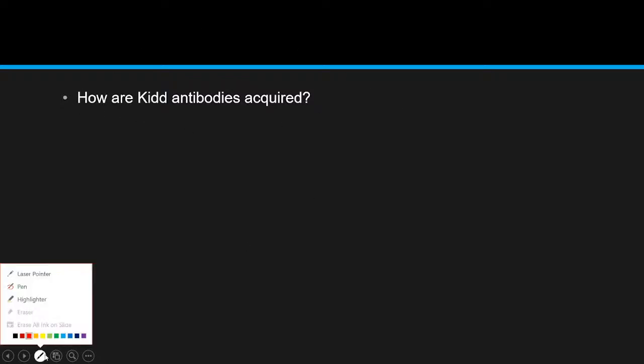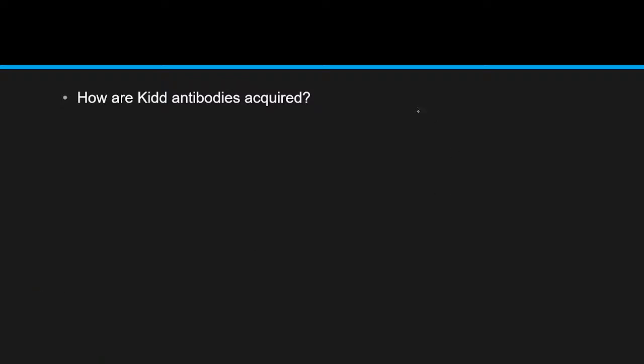Again, when I ask how we acquire the antibodies, I am asking: is it naturally occurring, or does it require prior exposure? Anybody in the chat? Guesses? I want everybody to please give me a guess.